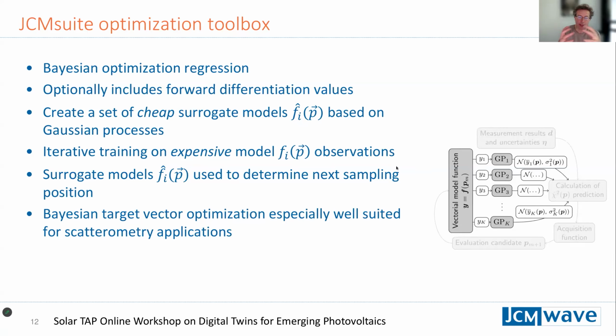So typically we start in a high dimensional parameter space with a few observations, then we build up Gaussian processes on that. So this is a continuous model on the full parameter space, and this gives us an estimation of where the model is accurate and where it's not accurate already.